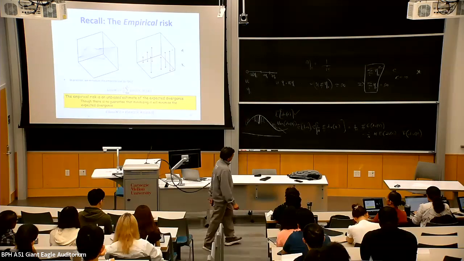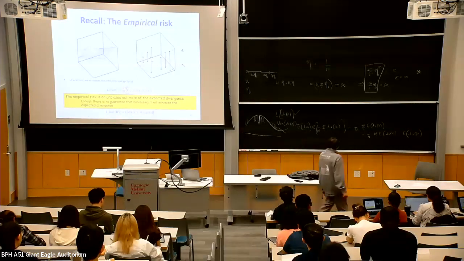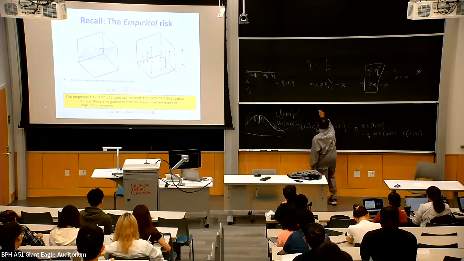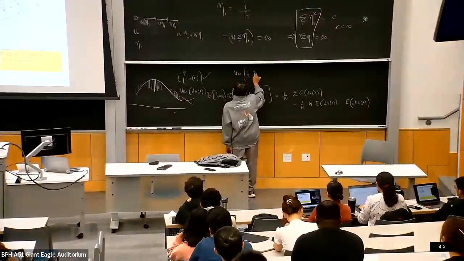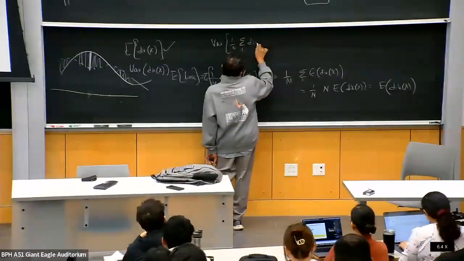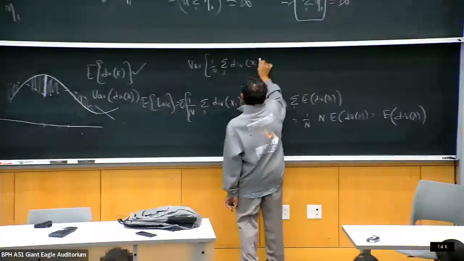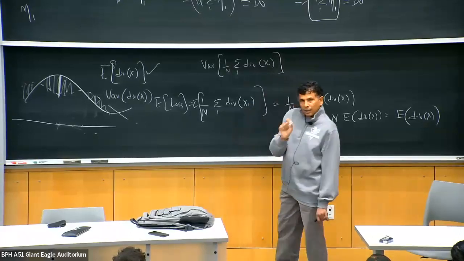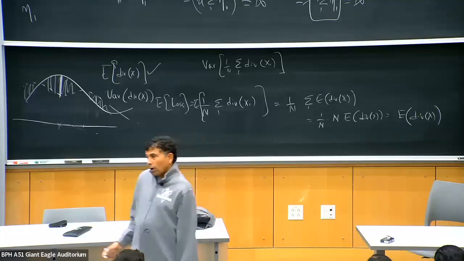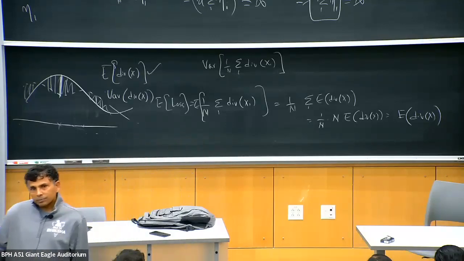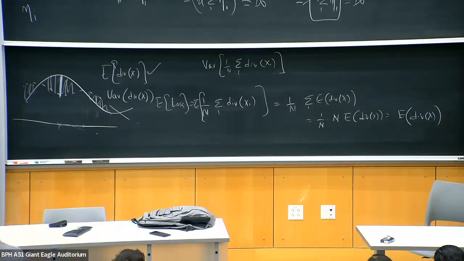So the variance is going to be, if I write this down, variance of 1 over n times summation i divergence of xi, right? And each of my training samples is independently chosen. So what do we know about the variance of the sum of independent random variables?